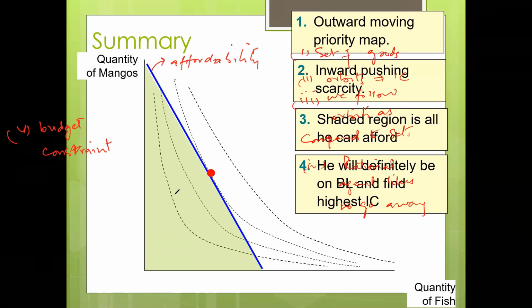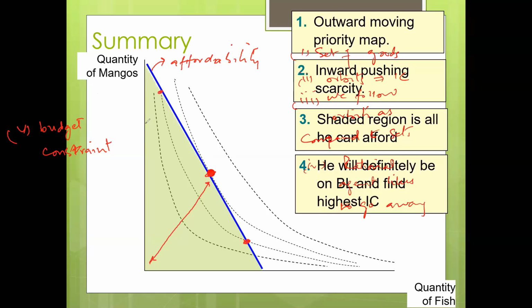So this is this point. That's why indifference curves are bent inward, because he only has to touch it once so that it is the highest possible. The customer will first look at the budget affordability, and look on this budget line at which indifference curve is touching once. So he can go to this point rather than this point, even though it has the same cost, because this has higher utility.